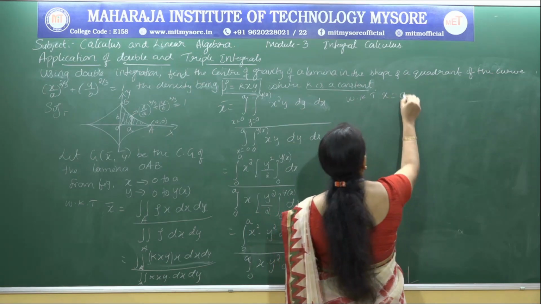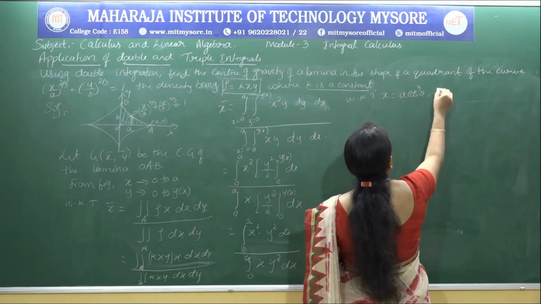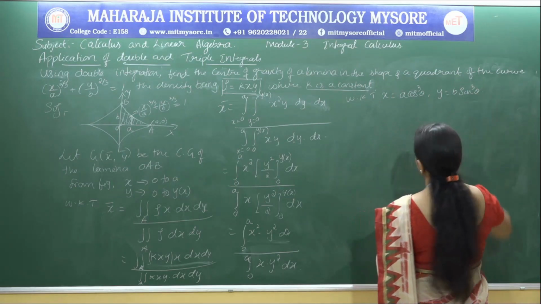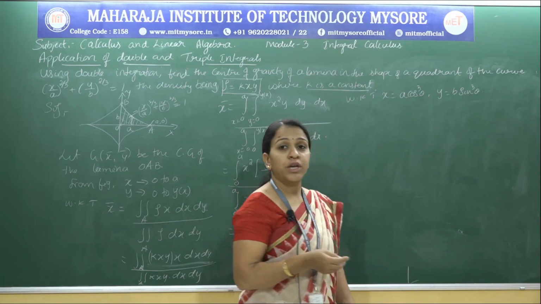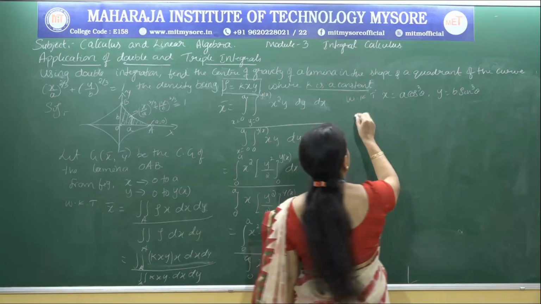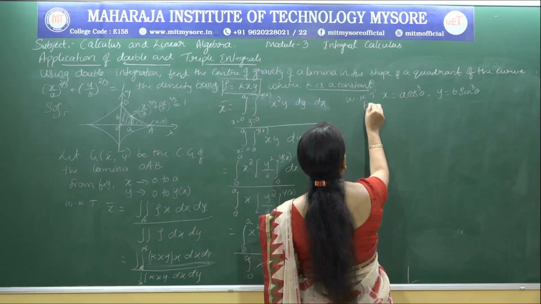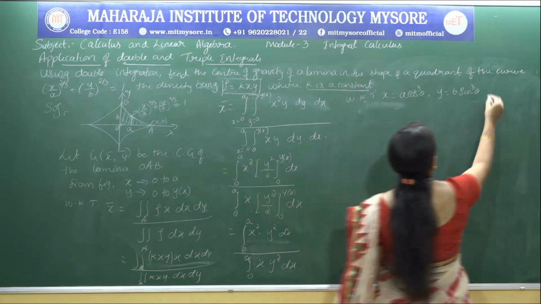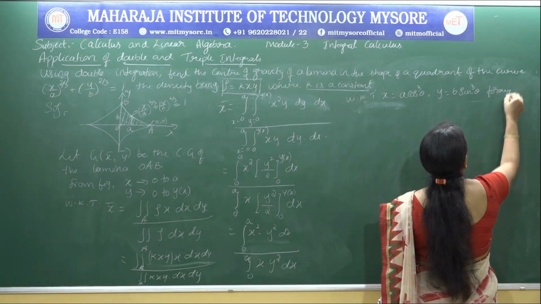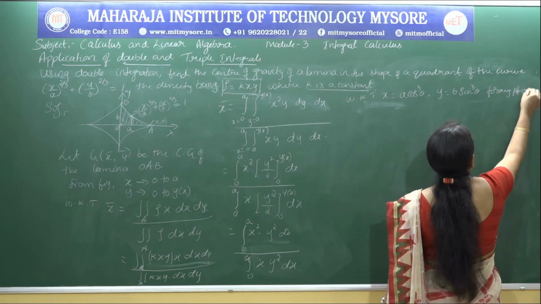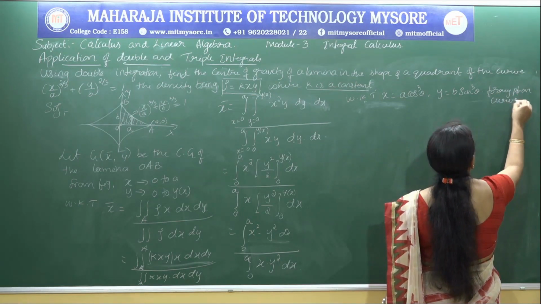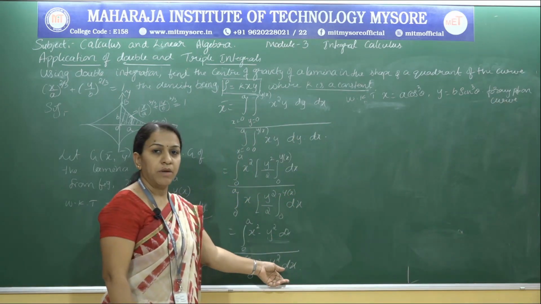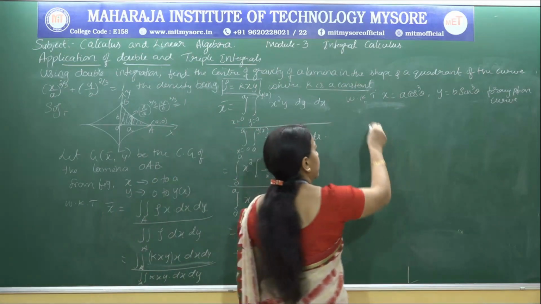We know that x equal to a cos cube theta and y equal to b sin cube theta is a standard value for any point on the given curve. So we are left with only dx in the double line integral. So let us get the dx value here.